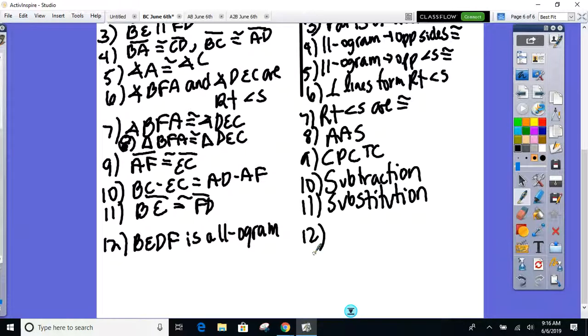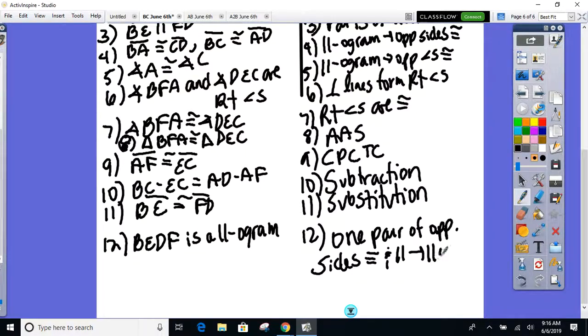First of all, it can't just be opposite sides, because that could mean this pair, both pair. It's got to be one pair that we just had, one pair of opposite sides, congruent and parallel, imply a parallelogram.